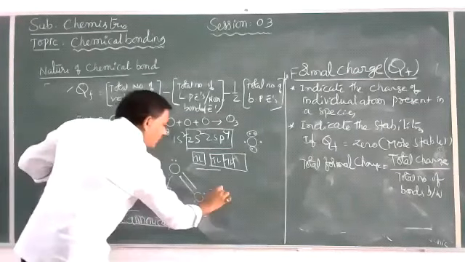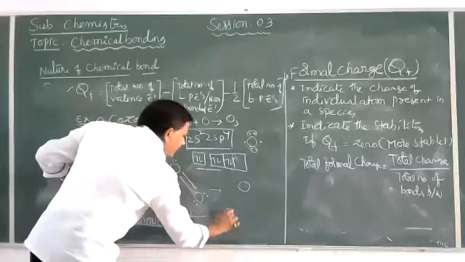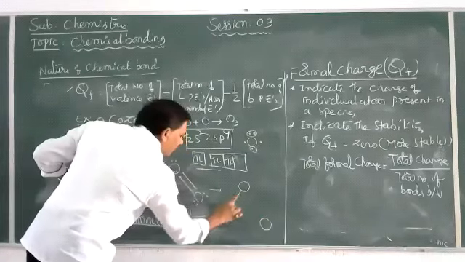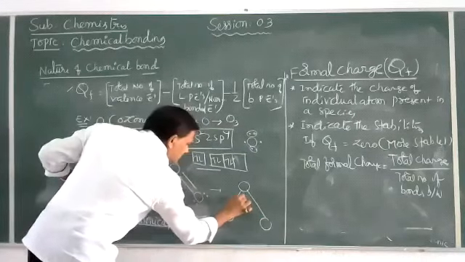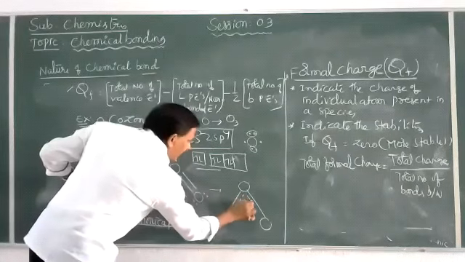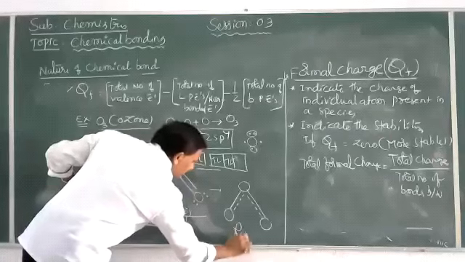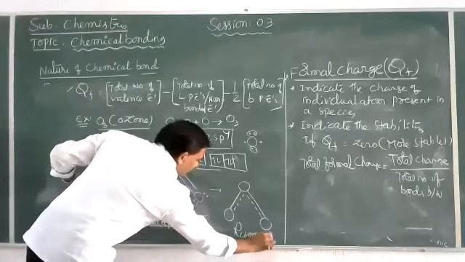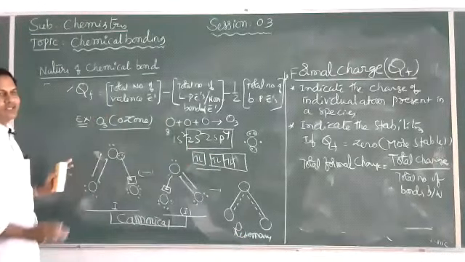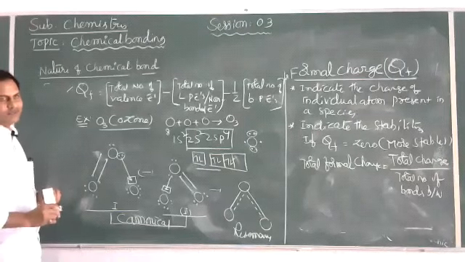That's why we can take one more important structure, that is called resonance. Means the double bond is present between these 2 or between these 2. This is called a resonance hybrid structure. What is the resonance hybrid? Very, very important.